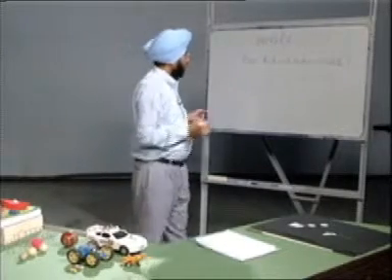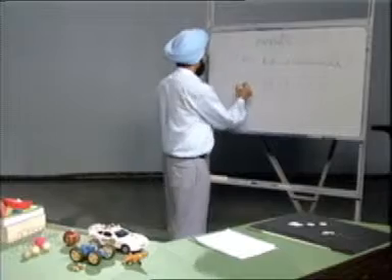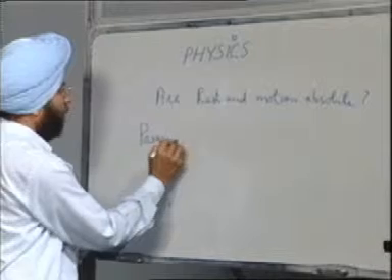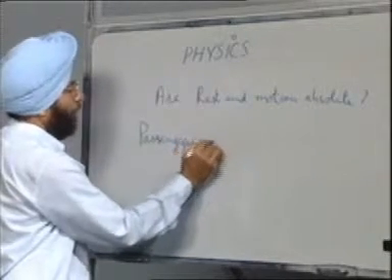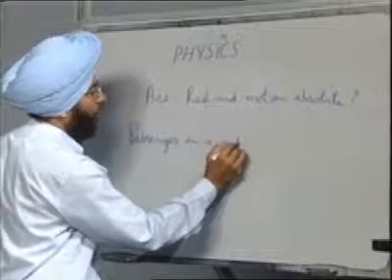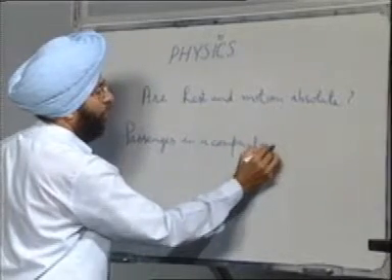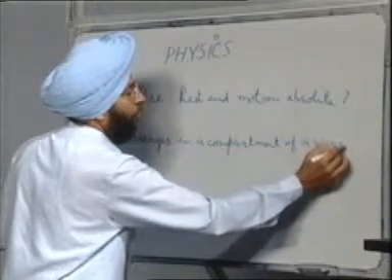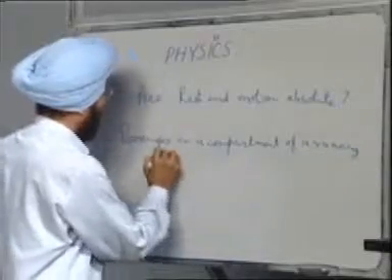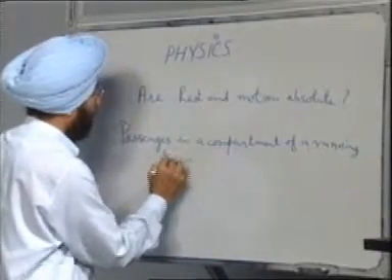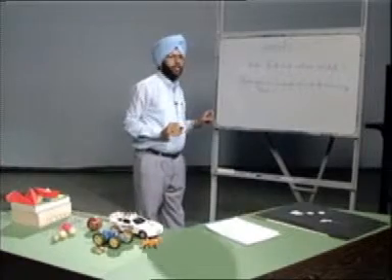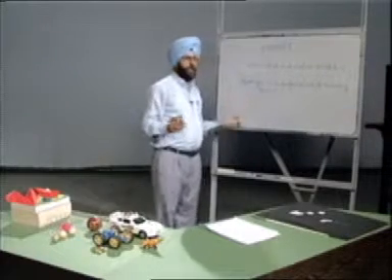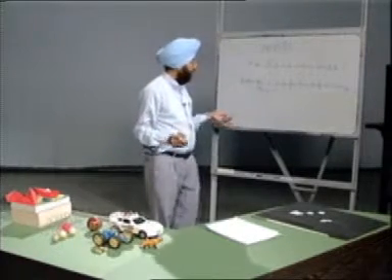Now, we can take some examples. We have passengers in a compartment of a running train. These passengers are at rest with respect to each other. They can play cards, they can play other games as they were sitting in their rooms.